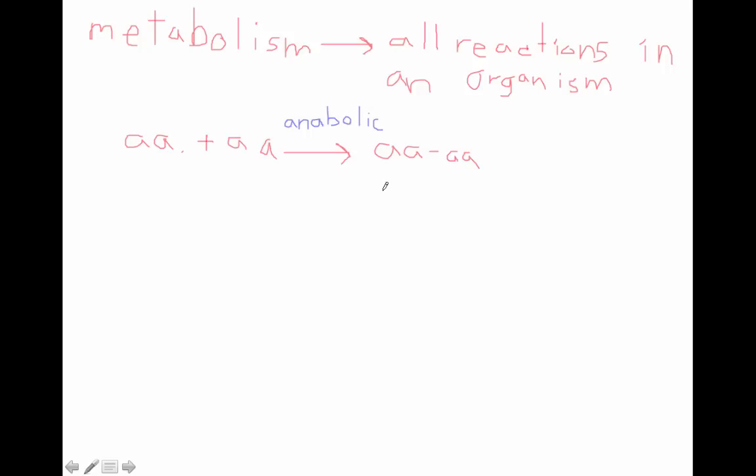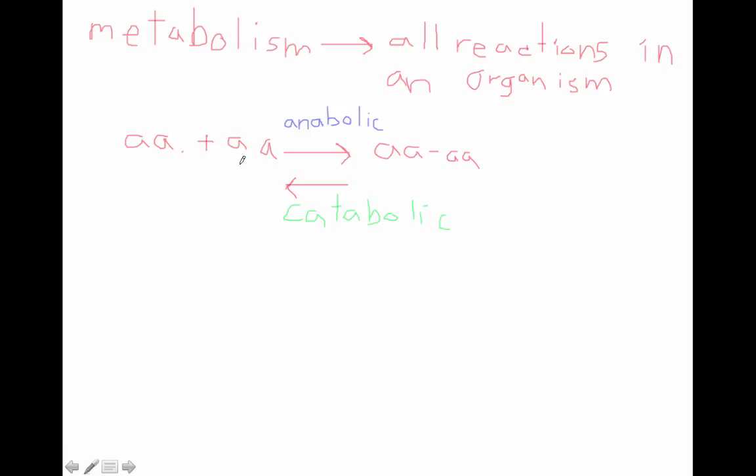Now if we took the same protein here and broke it down to form amino acids, individual monomers, we would call this a catabolic reaction. And the way I always remember this is I remember what an anabolic reaction is first. And I think of things like anabolic steroids. And we know that anabolic steroids can be taken to help build muscle mass.